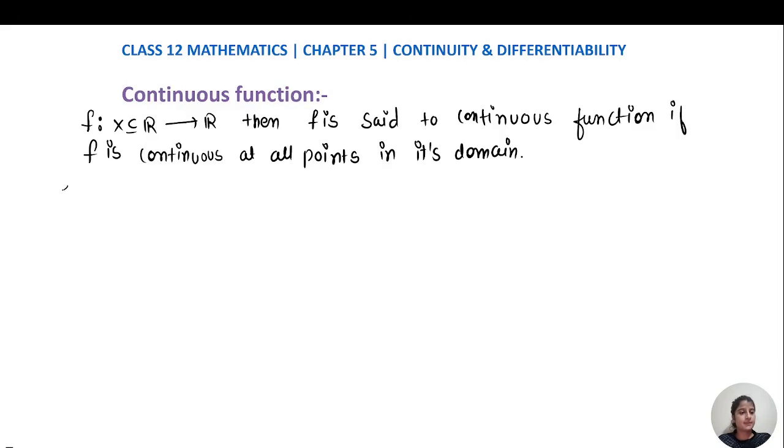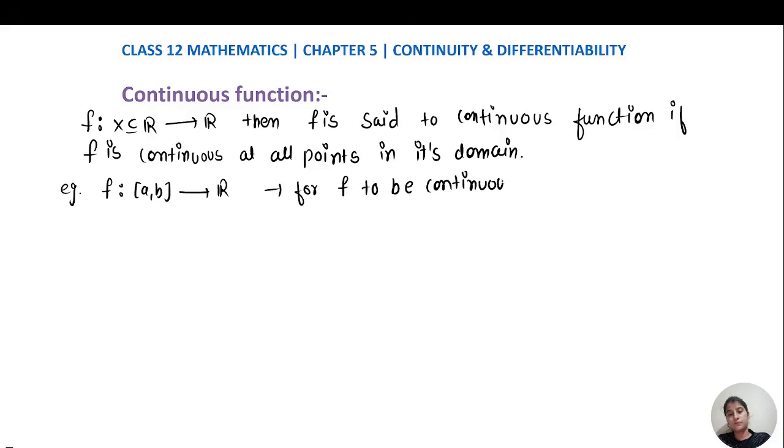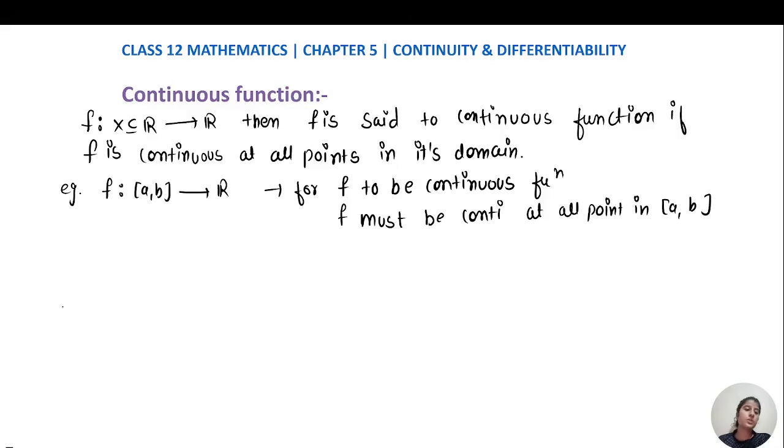For example, suppose my function f is defined from the closed interval [a, b] to R. For f to be a continuous function, f must be continuous at all points in the closed interval [a, b].